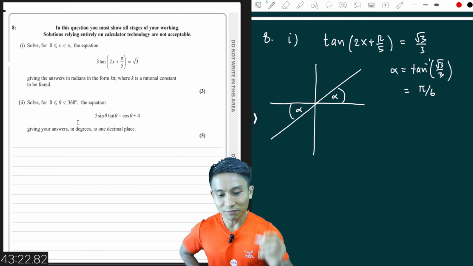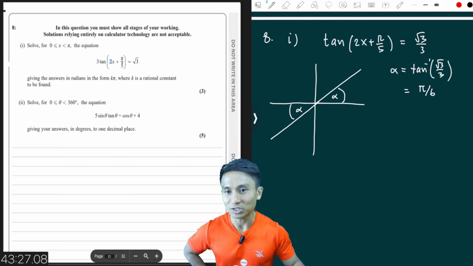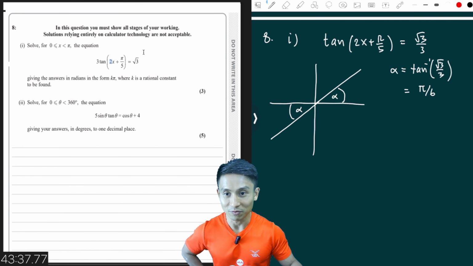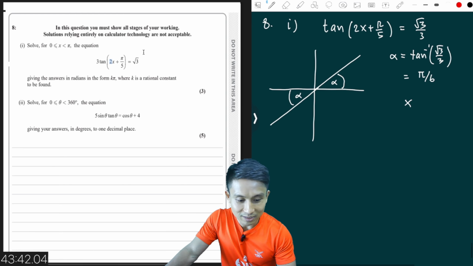Now, after you've got the principal angle, you have to be careful, because sometimes the angle expression is not the same as what they give in terms of the domain. They give the domain of x, but the angle expression here is different, it's 2x plus pi over 5. So you need to modify the domain first. Because x is greater than or equal to 0 and less than pi, you just multiply by 2 and add pi over 5.